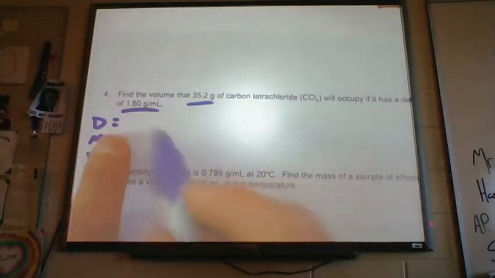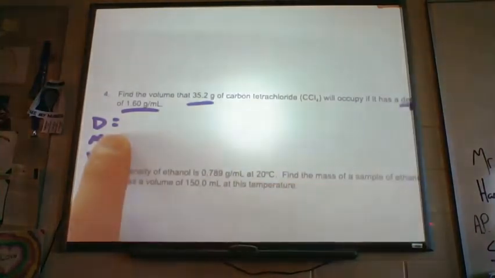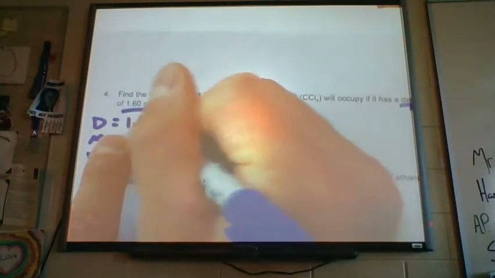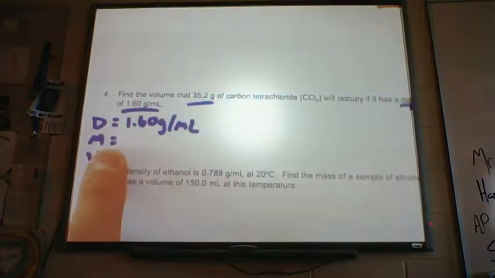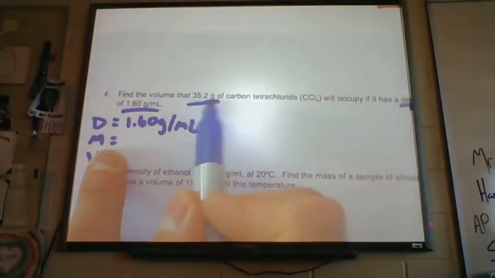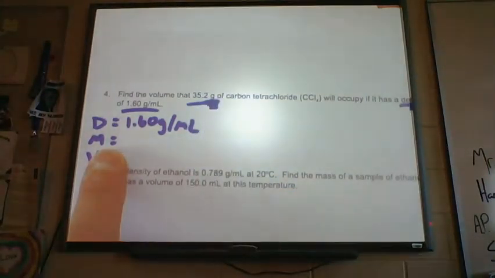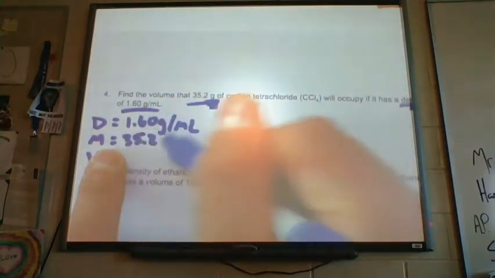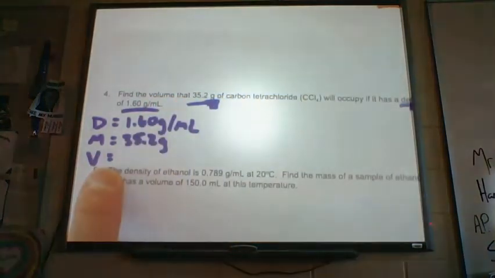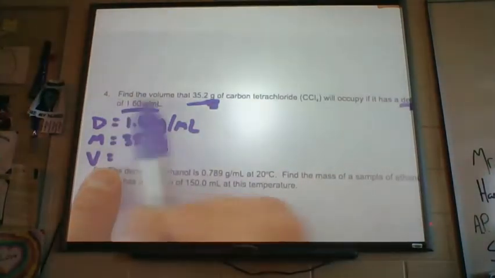So density, as you read the problem, it's right there, 1.60 grams per milliliter. Mass, what is my mass? We have our unit grams right there, so that is my mass, 35.2 grams. That means that I must be looking for my volume then, right? And there you go, find the volume.